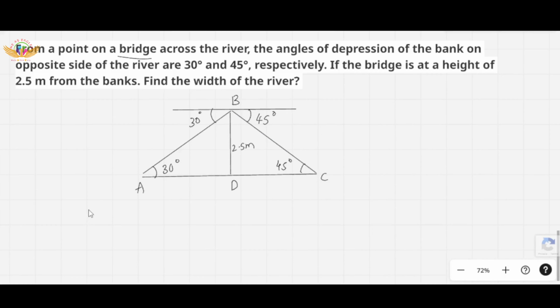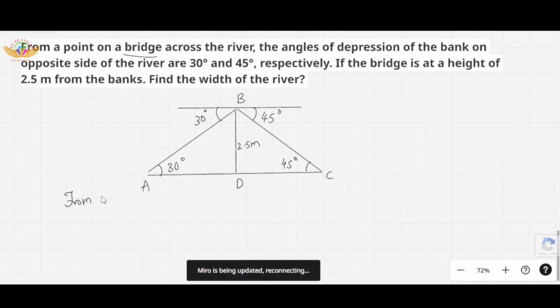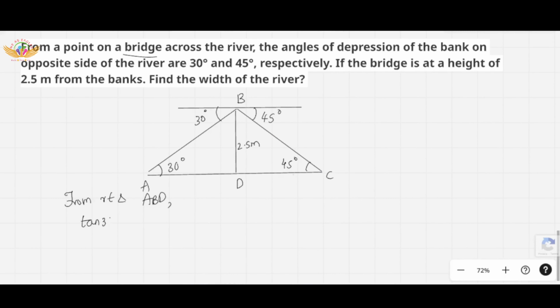Same thing. Go with the two solutions. First take the right angle triangle ABD. Tan 30 degrees is equal to how much? BD by AD.